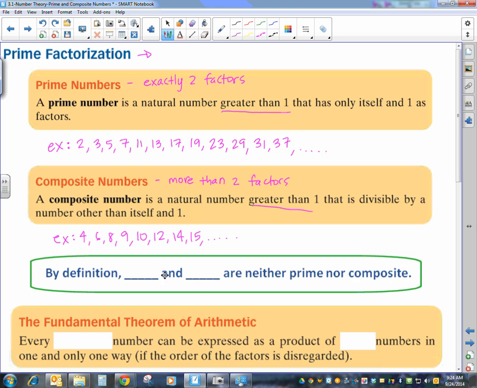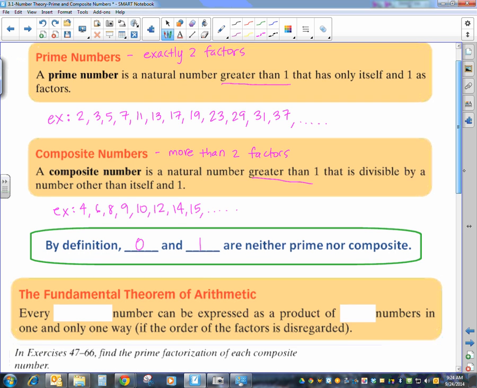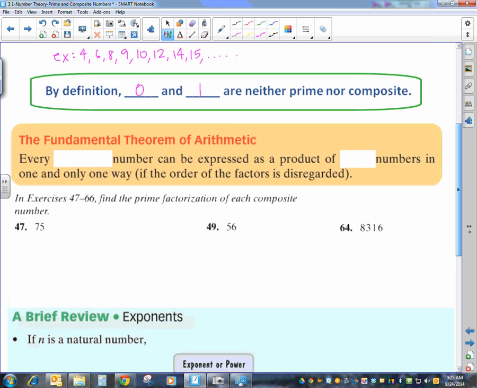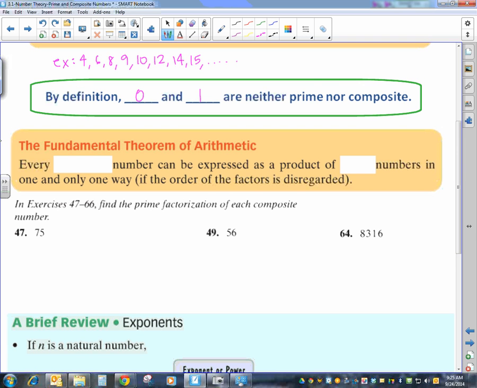Okay, so one thing to remember, as it said, each of these has to be greater than 1. So keep in mind that 0 and 1 are neither prime nor composite. Now, before we go into it, to finish our prime factorization, you need to keep in mind that every composite number can be expressed as a product of prime numbers.